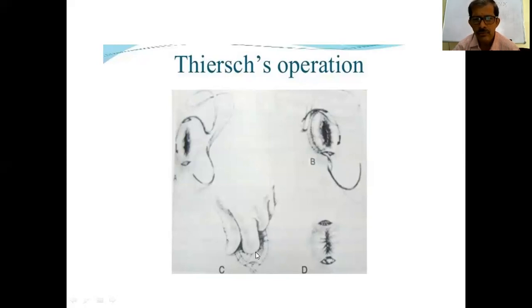Otherwise, if you tie it too tightly, even a finger will not pass and the patient cannot pass motion. So it should be snugly tight, but not too tight or too loose. If it is too loose, it can again prolapse through that opening. This is snug fitting. They have sutured it, and this is the result. This is called Thiersch's operation.